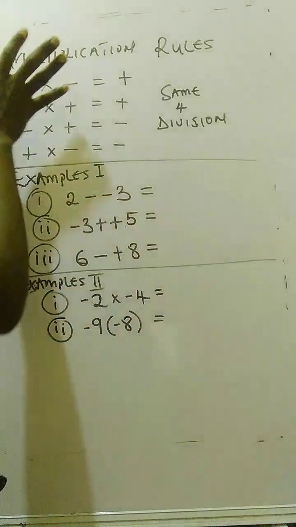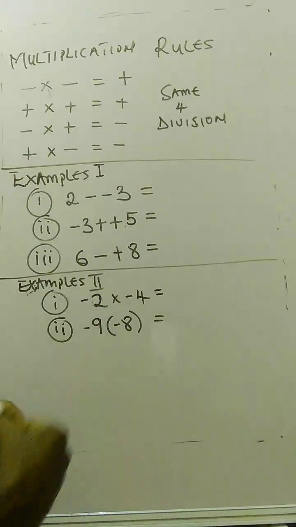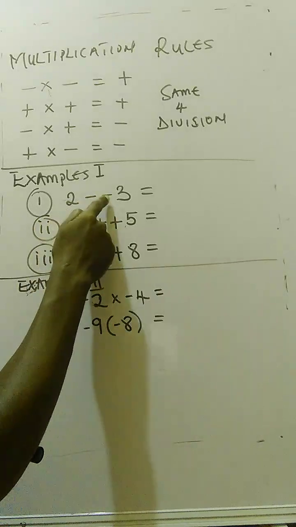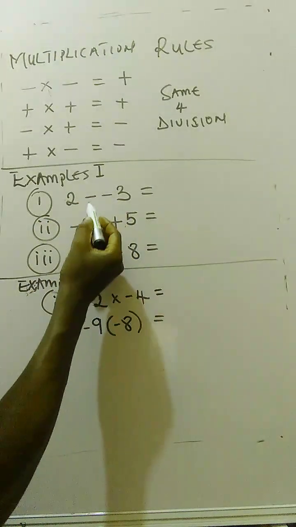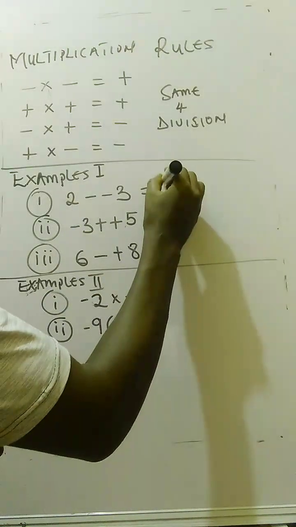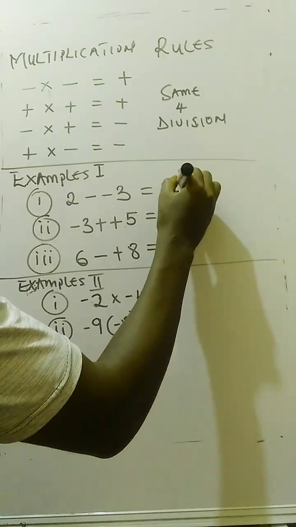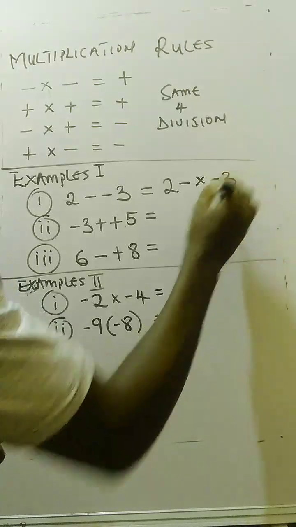So having known this, let's look at these examples now. Example 1 says 2 minus minus 3. Now listen, anytime you see two signs coming immediately after themselves, this is actually the same thing as writing 2 minus times minus 3.